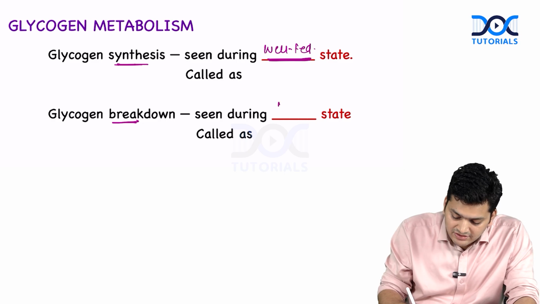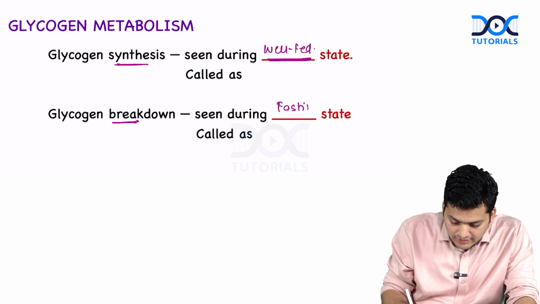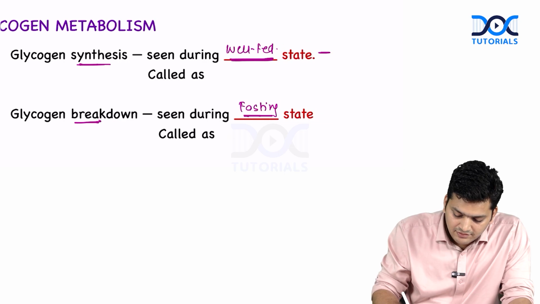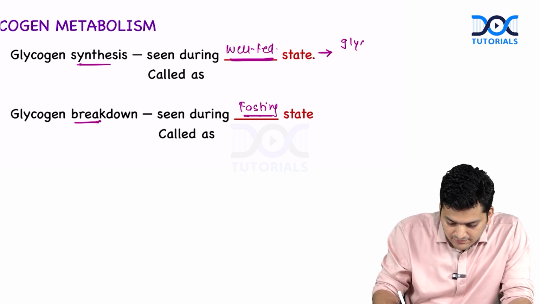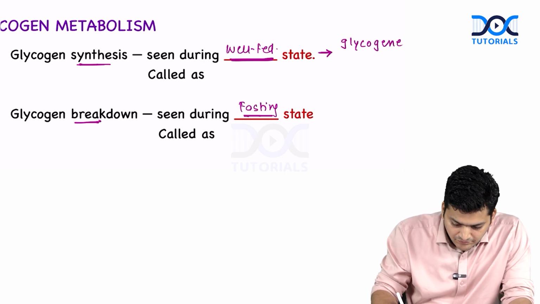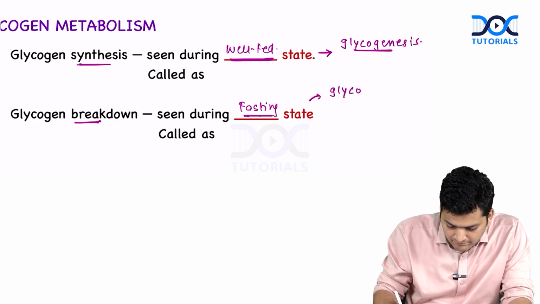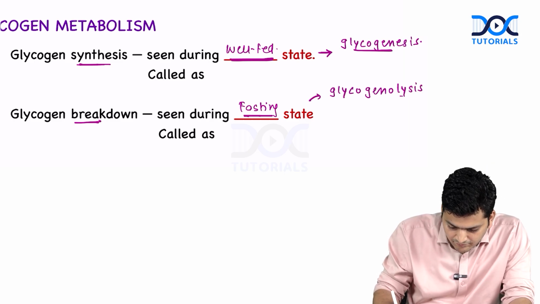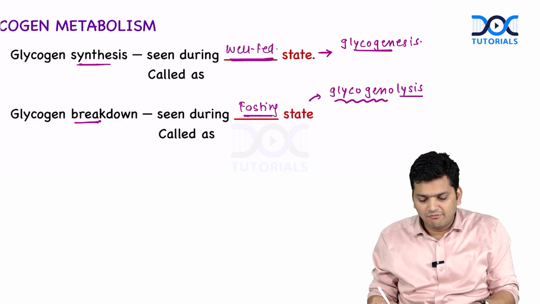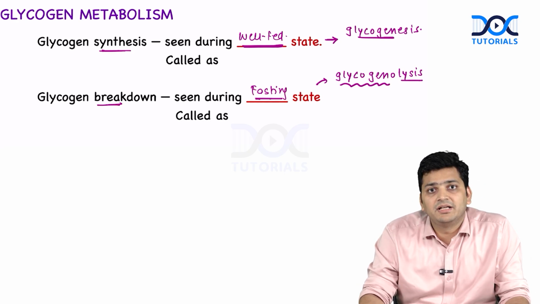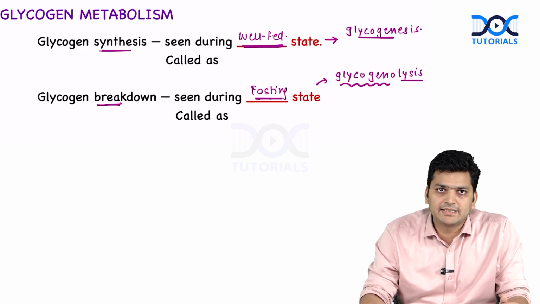When you are in the fasting state, we are going to break the glycogen, right? The glycogen synthesis is called glycogenesis, and the breakdown is called glycogenolysis. So we have glycogenesis and glycogenolysis. First, we are going to discuss glycogenesis, how the synthesis happens.